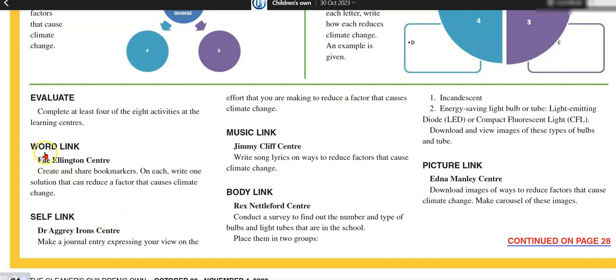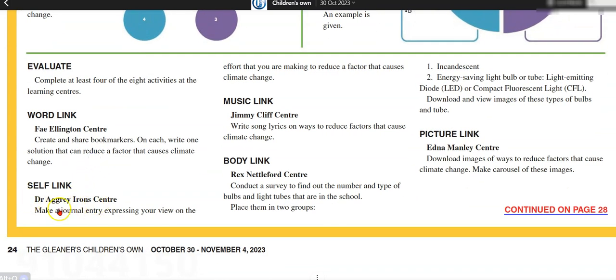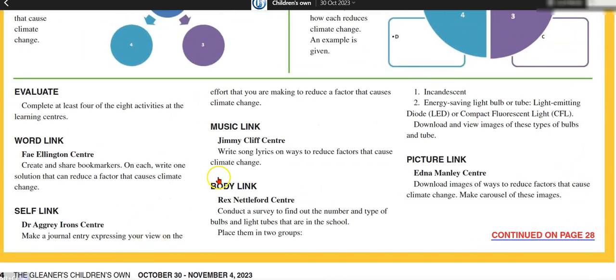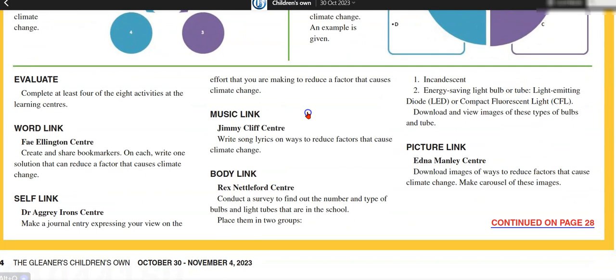So the key here is to use up those key words and concepts from the lesson. The self-link, Dr. Agri-Irons link, says, make a journal expressing your view on the efforts that you are making to reduce a factor that causes climate change.